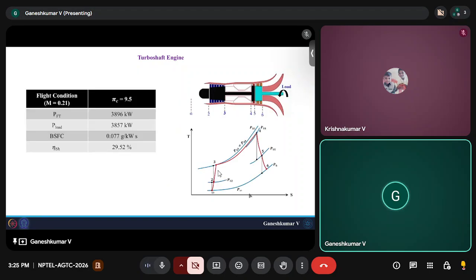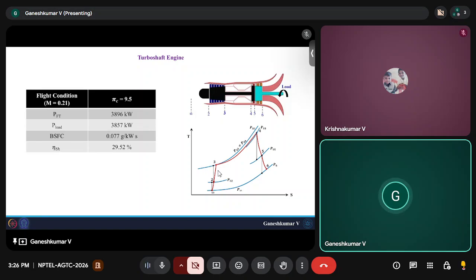Okay. So for the flight condition with the compressor ratio of 9.5, these are the parameters that we got. You can go over the lectures to check these numbers. So the power from the free turbine is 3896 kilowatt, or 3.89 megawatts, and because of mechanical efficiency, 1% of 3896 is lost, so you have only 3857 kilowatt that is delivered to the load.